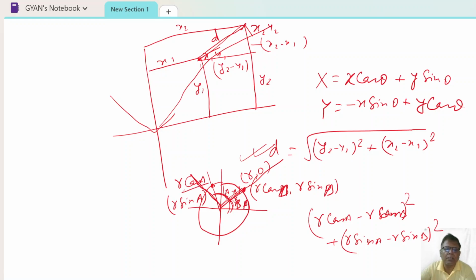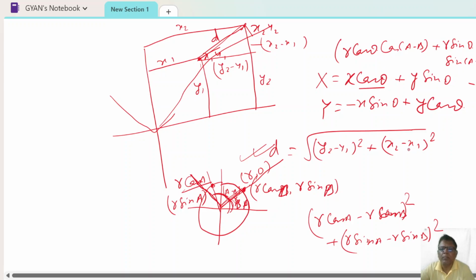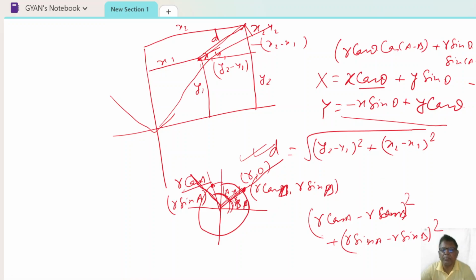Here x is r cos theta, so put r cos theta, and the angle is A minus B, cos of A minus B, plus r sin theta, with sin of A minus B, and this minus r square, plus y, this minus 0 square, will remain the same.